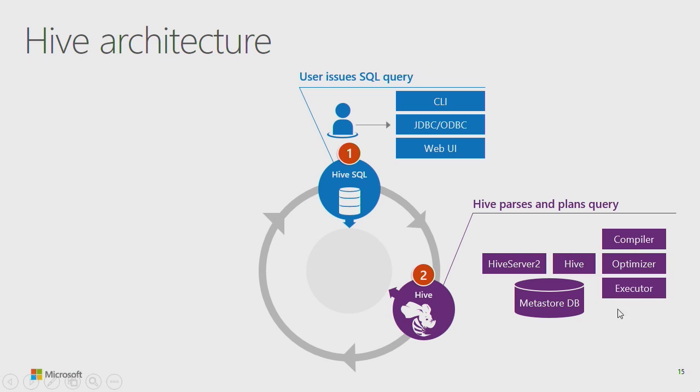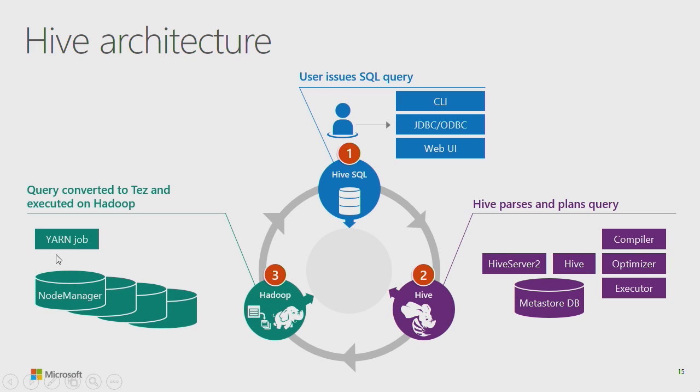It uses what is called HiveServer2, which provides ODBC connectivity and also allows the Hive server to submit queries to the underlying application servers, and then it compiles, optimizes, executes, together with the metastore database. And then it passes on to Hadoop, where it's converted to a Tez job and then executed on Hadoop. So at a high level, this is how Hive works.